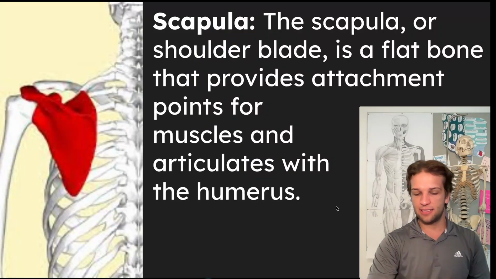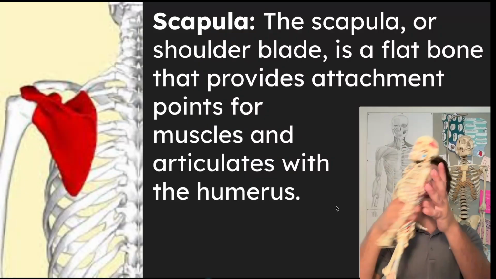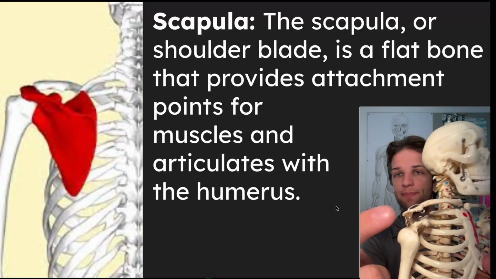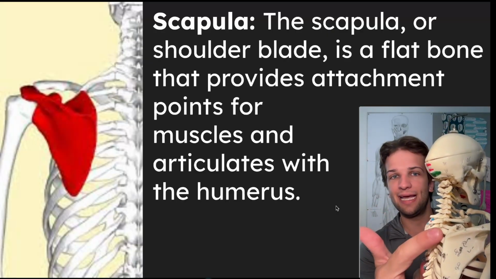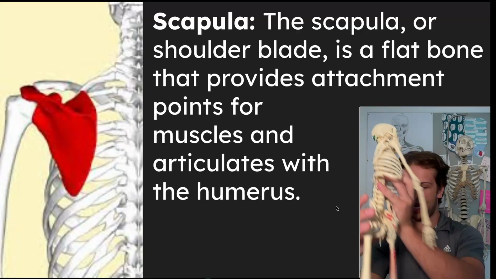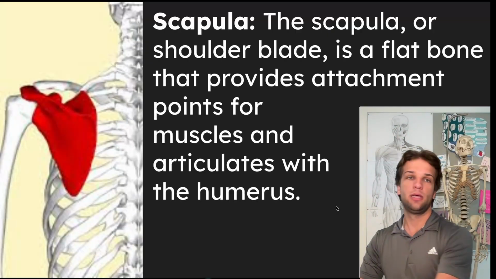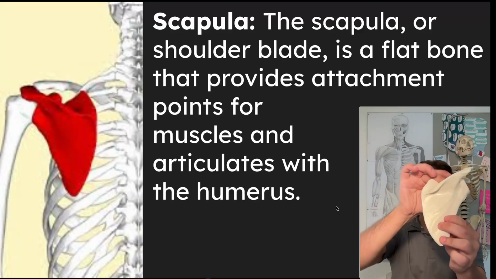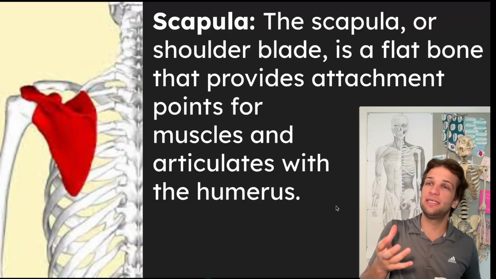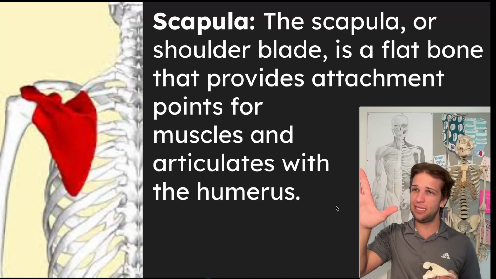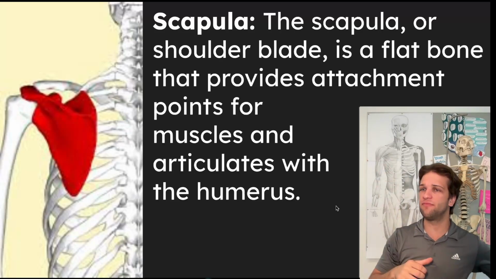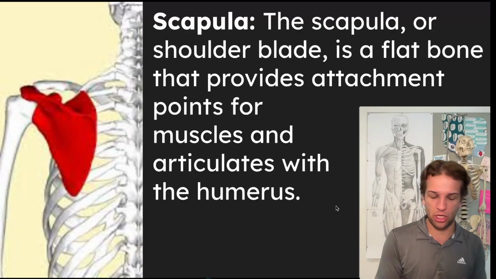Now, this clavicle is actually going to, if we take a look here, the clavicle wraps around and connects to this bone right back here, this kind of like triangle bone, this guy. And this is our scapula. The scapula's job is basically to provide the shoulder blade and allow for points of attachment so that we can facilitate movement at that shoulder girdle.